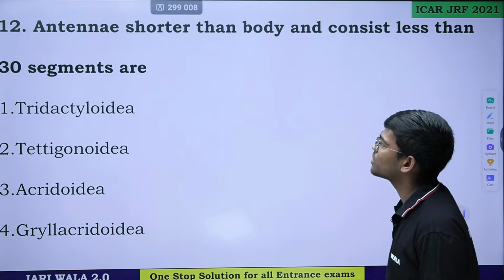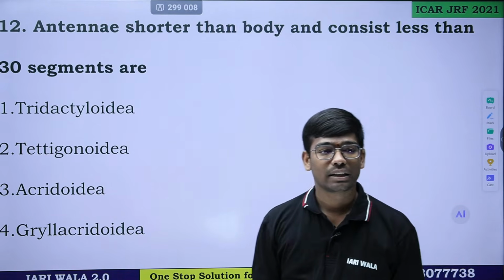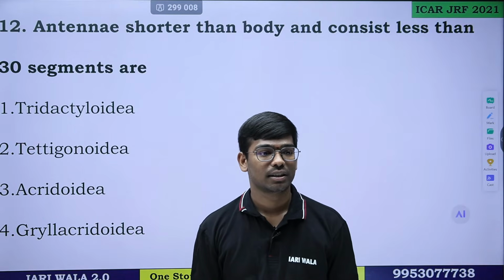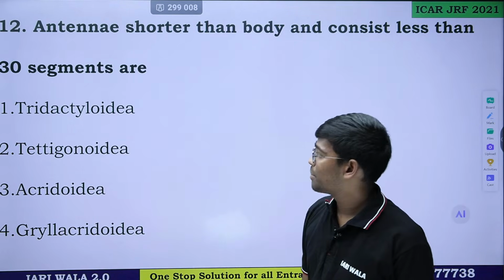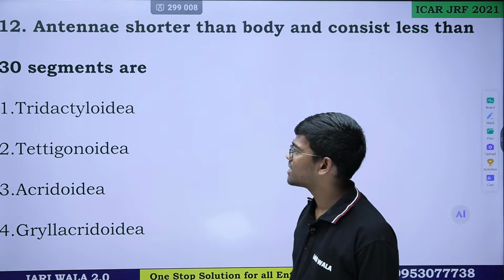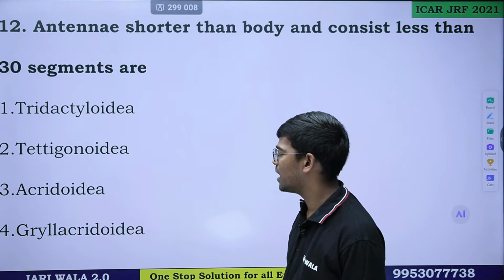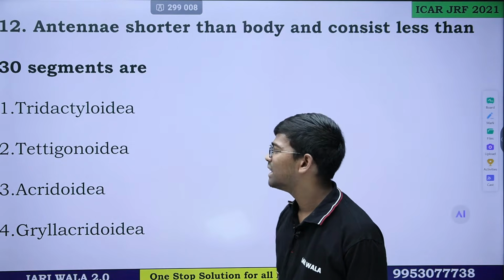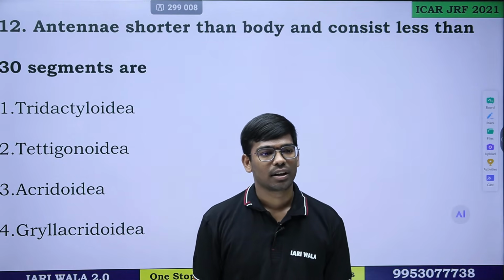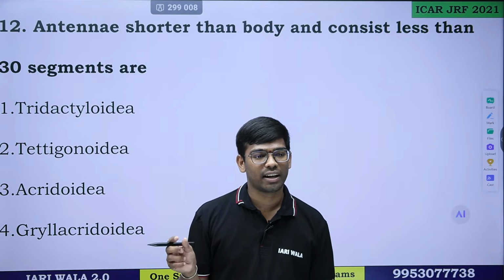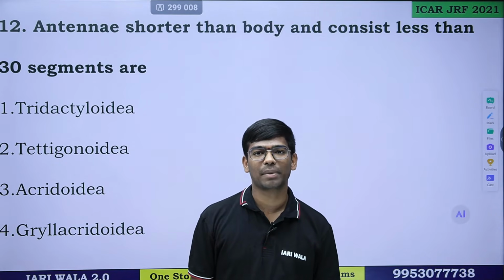So the next one is antennae shorter than the body and consisting of less than 30 segments. Here we can see Tridactyloidea, Tetrigoidea, Acridoidea and Grylloidea, which are nothing but superfamilies. The term which ends with oidea is a superfamily, and a subfamily ends with inae.